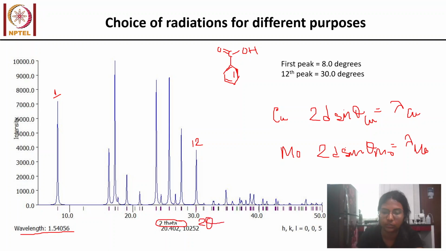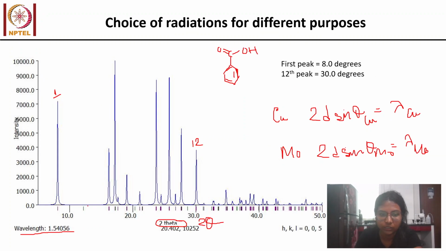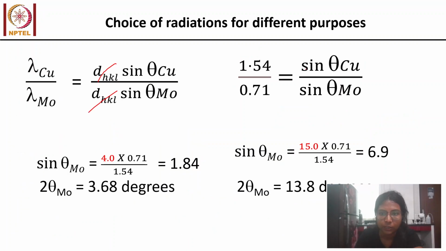So if 2 theta is 8 degrees, then for the first peak, theta will be 4 degrees, right? So if we rewrite this equation, this will be equal to 8 degrees divided by 2, that is 4, divided by sine theta for Mo. Then what will be the sine theta of Mo? This into this is equal to this into this.